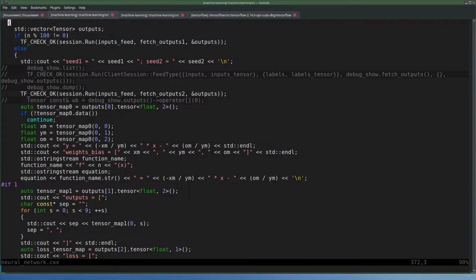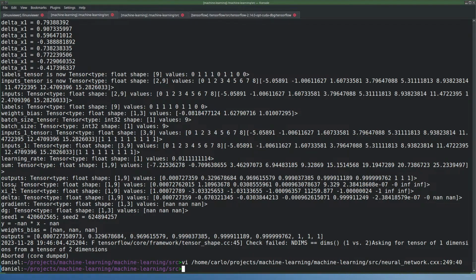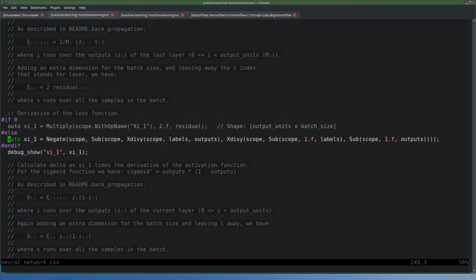No way, output's changed. Output 1.9, no. Why do I have to guess this? Is it this line?